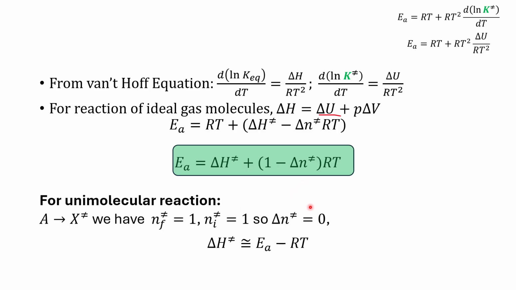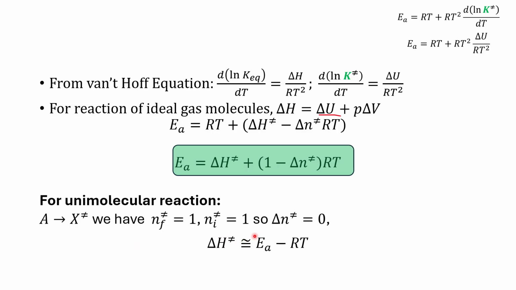Let's apply this to the unimolecular reaction from A to produce the activated complex X. The final state for the activated complex has the number of moles equal to 1, and if the initial number of moles is also equal to 1 for the A, then the change in the moles is given as delta n, which equals 0 in this case.